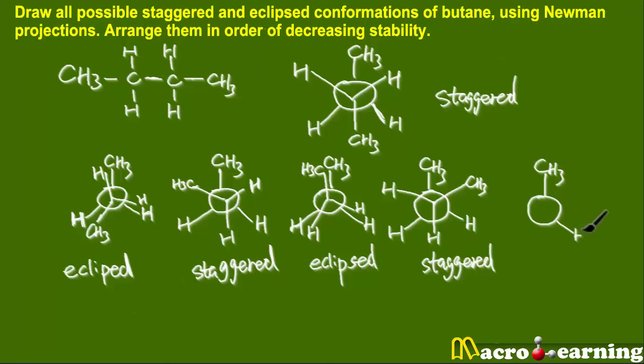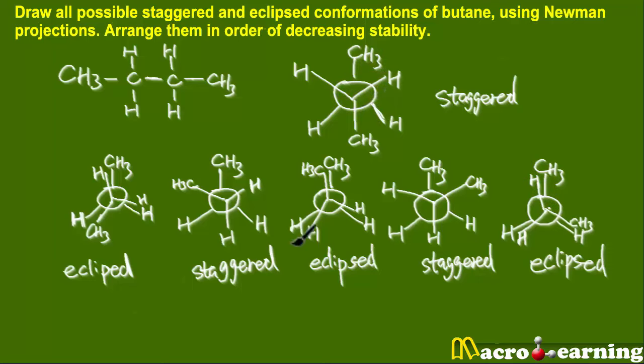If we do it again, only turning the front bonds, right? Then the methyl would end up here. The hydrogen will be here, and the hydrogen here. Okay, so this is another eclipsed. And so that's all, because if we keep going another time, we'll be coming all the way back to this starting one.